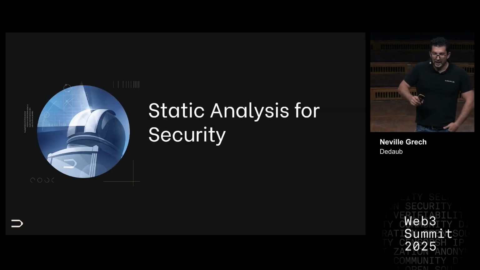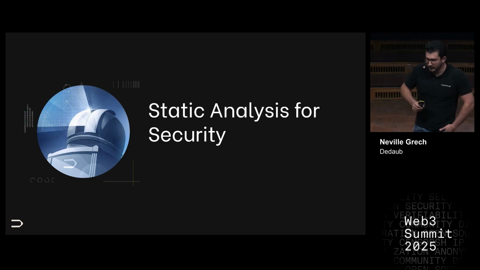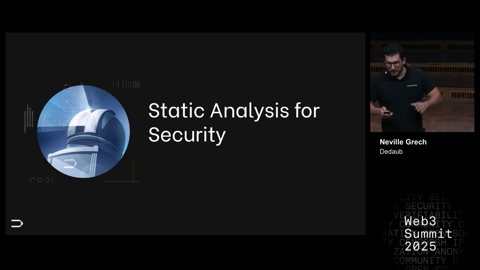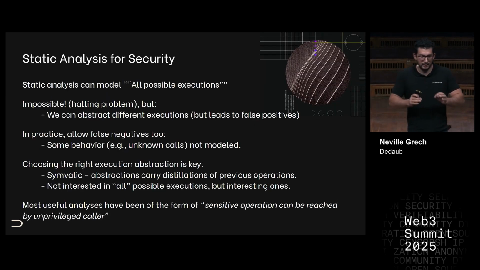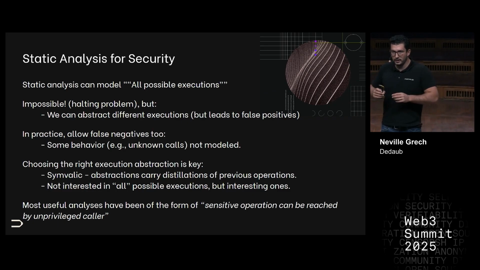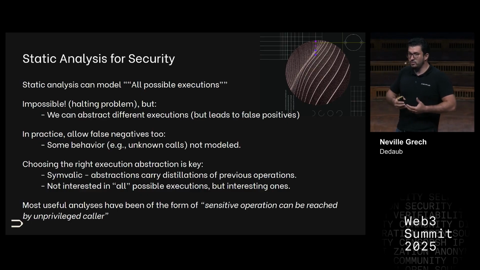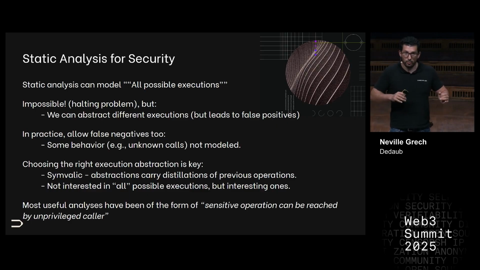Okay, so now that we have a decompiler, how do you use the decompiler to find security vulnerabilities? Now, to understand that a little bit more, you need to understand that static program analysis, again, is a technique that enables you to model all possible executions of the program without running the program.